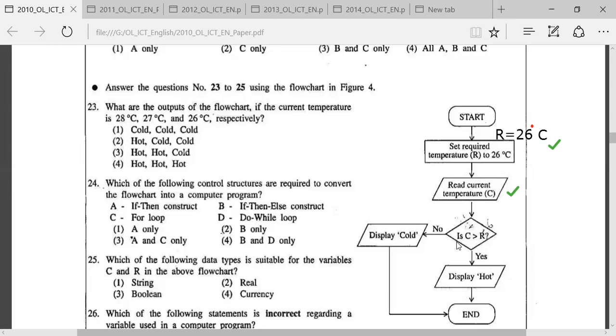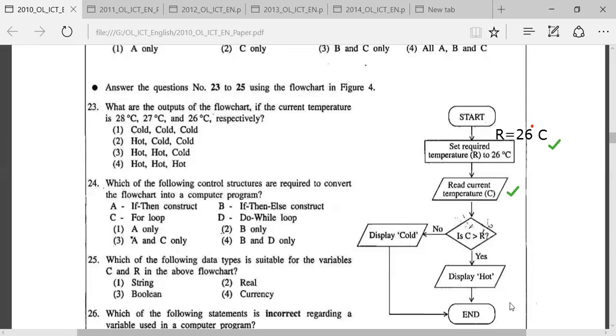Right. So when we go through with this flow chart, whether it is yes or no, if it is no, display cold. If it is yes, display hot. Then end, which means there is no any iteration.